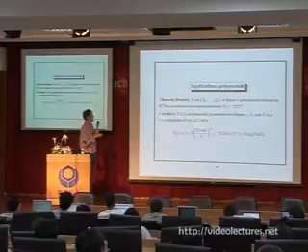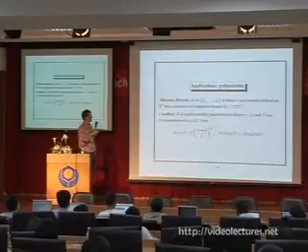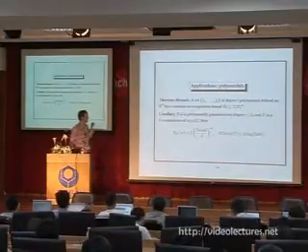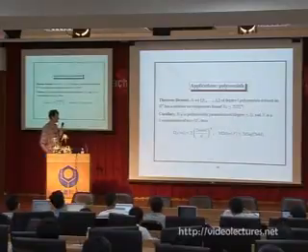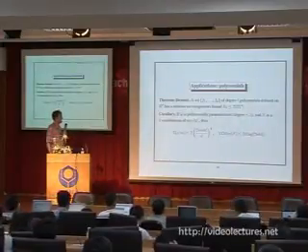B_i, for i up to D, has an upper bound like L to the D. What is L? L is the degree of the polynomial. D is the number of parameters.